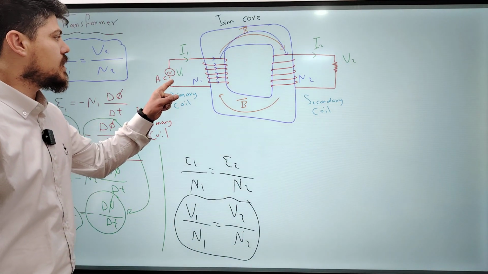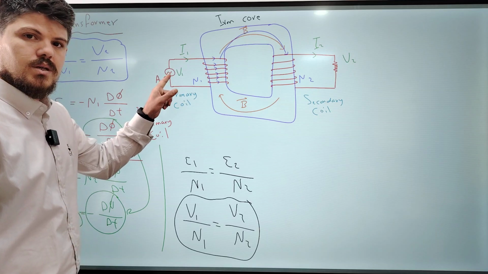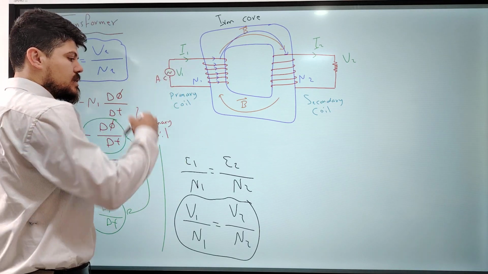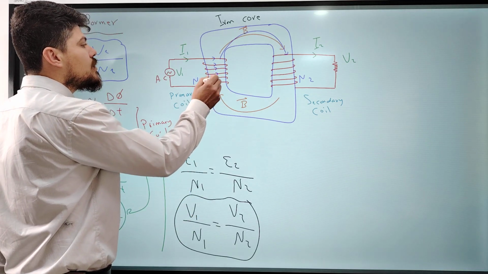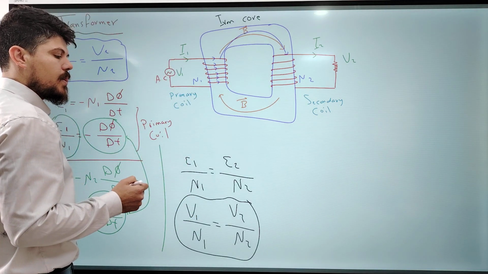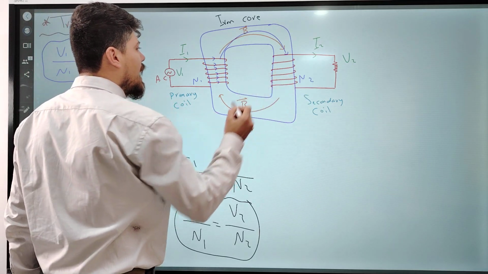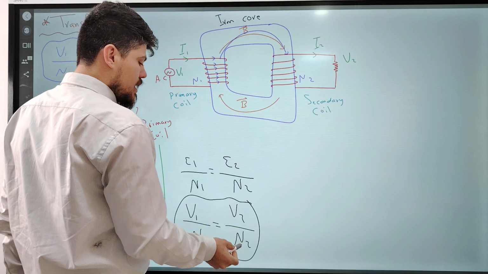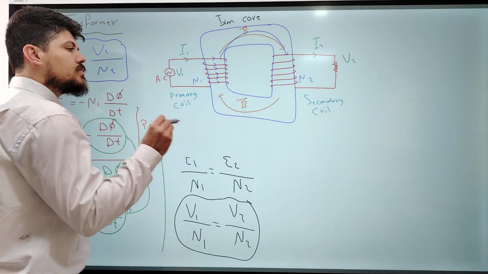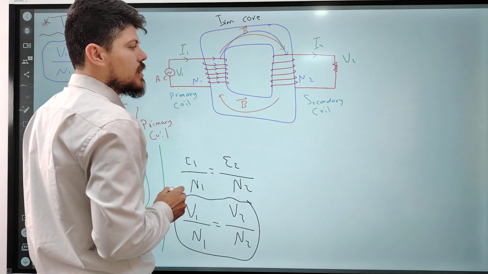The potential difference in the input side, in the primary circuit. N1, the number of turns in the primary coil. V2, the output potential difference in the secondary coil, in a resistance. N2, the number of turns in the secondary coil.